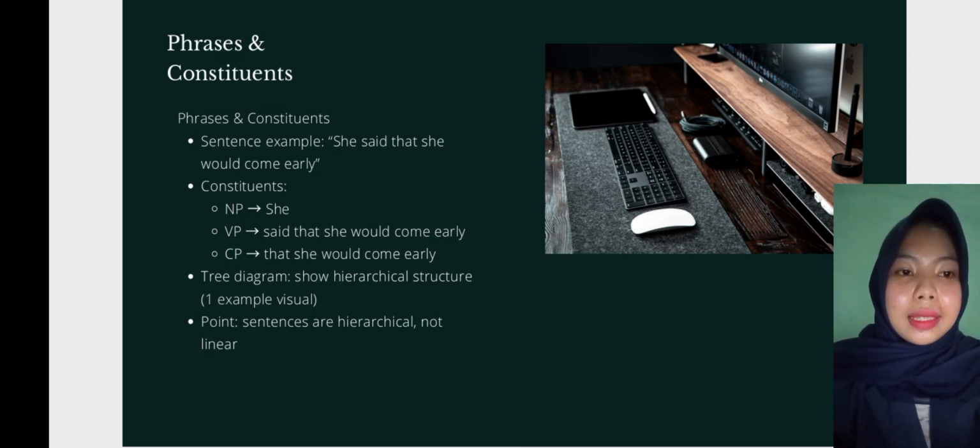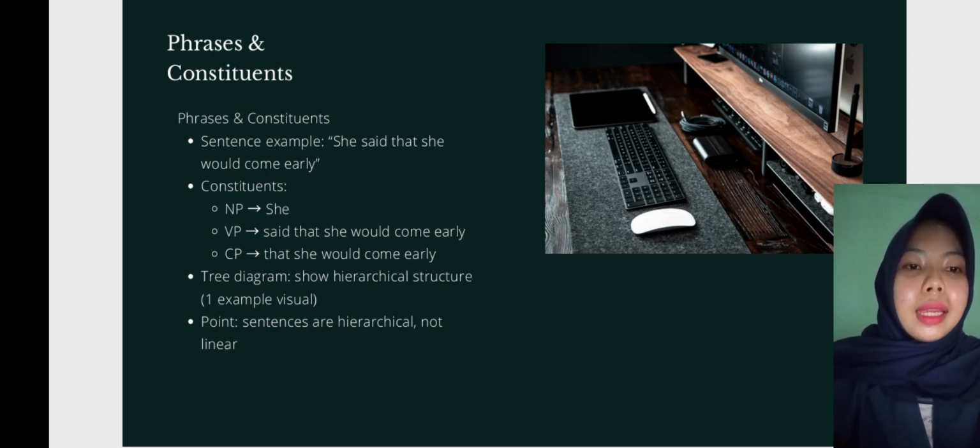The verb phrase is "said that she would come early." Inside it, there is a complementizer phrase, "that she would come early." This structure shows that sentences are hierarchical, not linear, meaning that phrases are nested inside one another to create full meaning.